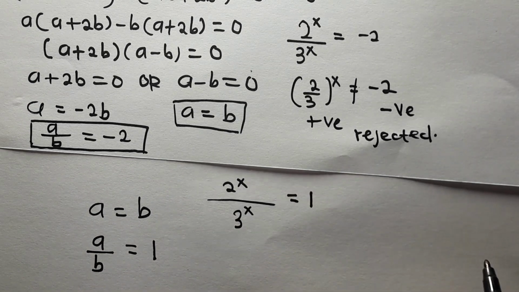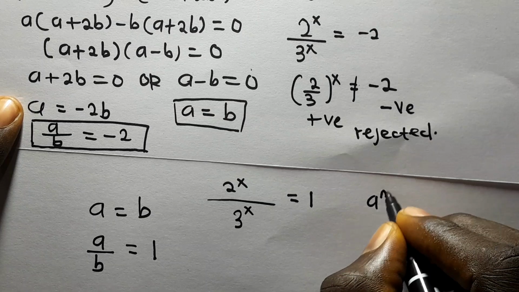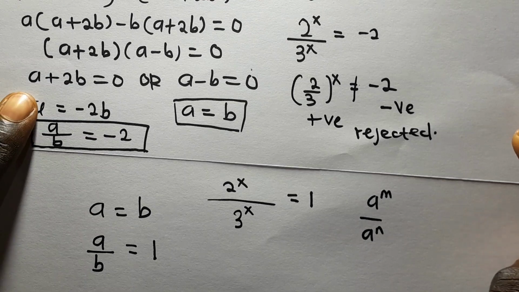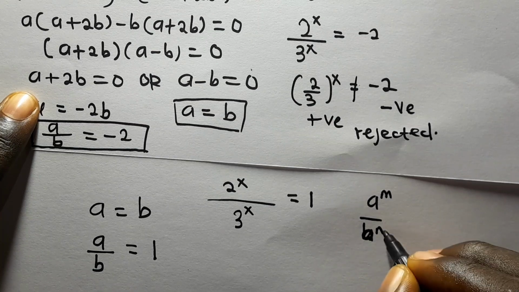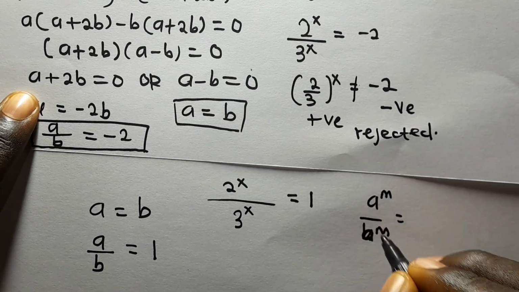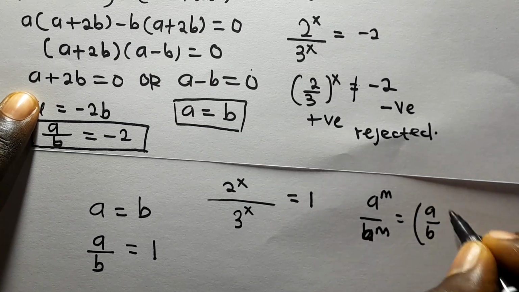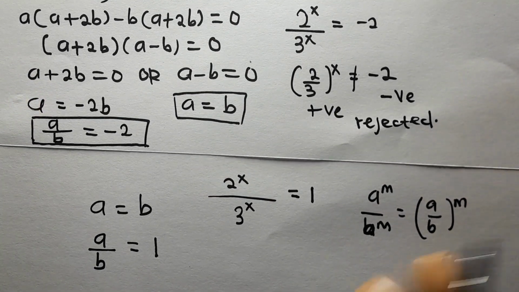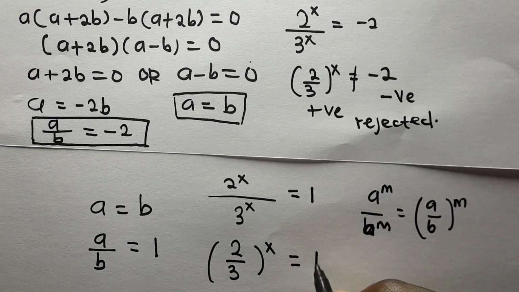And according to law of indices, when you have a raised to power m divided by b raised to power m, this can be simplified because they have the same power, to be a divided by b all raised to power m. So therefore, from here, we have 2 divided by 3 all raised to power x equals 1.